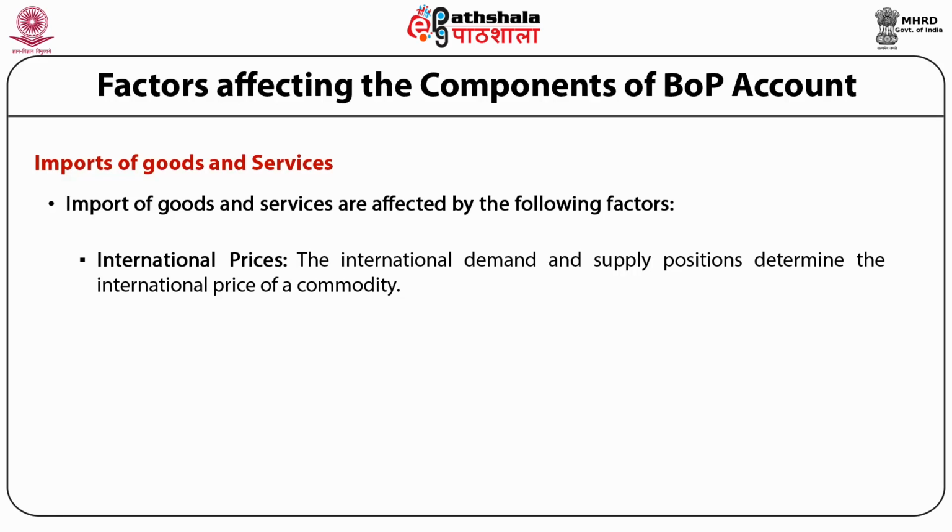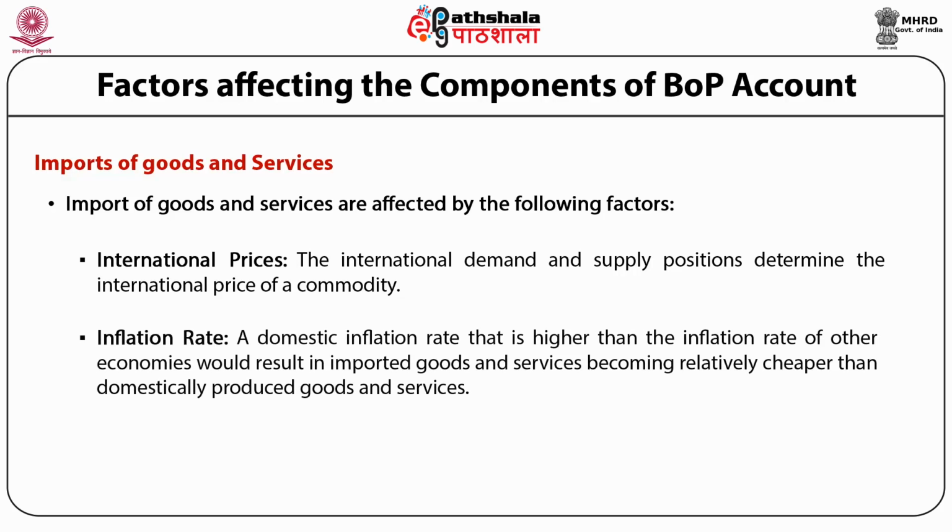In case of the demand being elastic, the effect on the supply of the domestic currency would depend on the effect on the domestic currency value of imports. Inflation rate. A domestic inflation rate that is higher than the inflation rate of other economies would result in imported goods and services becoming relatively cheaper than domestically produced goods and services.